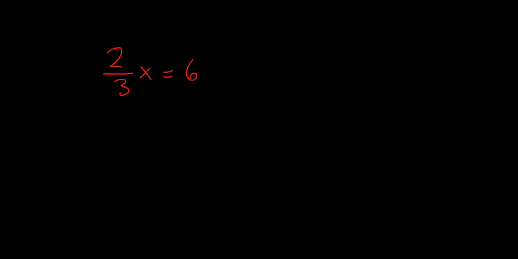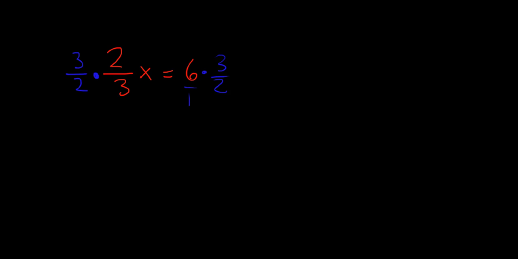I'm going to think of this as a multiplication problem. So it's basically saying 2/3 times x is going to be equal to 6. So I'm going to go ahead and divide. I'm dividing, but to divide a fraction means to multiply by its reciprocal. So I have to go ahead and flip this number here. So other side has to be multiplied by 3 over 2.